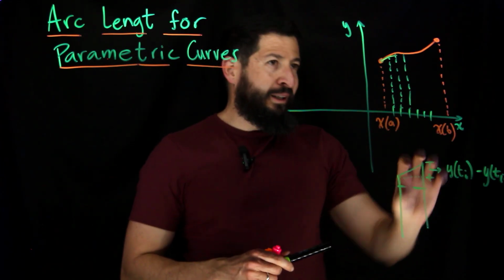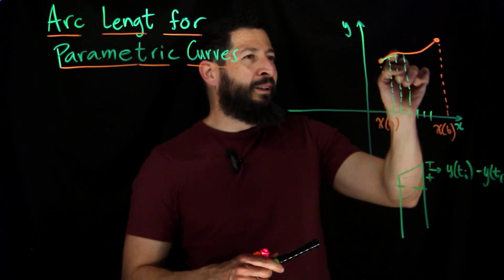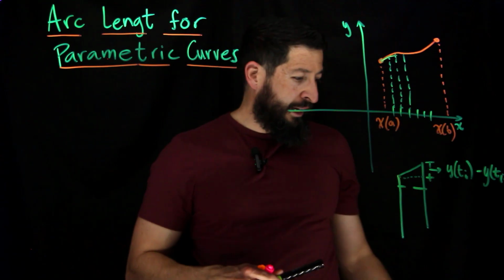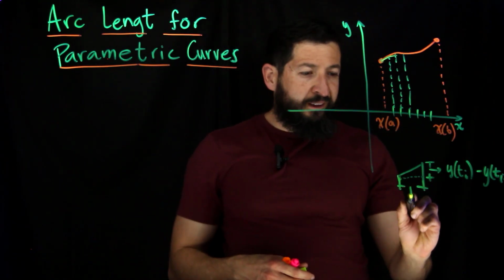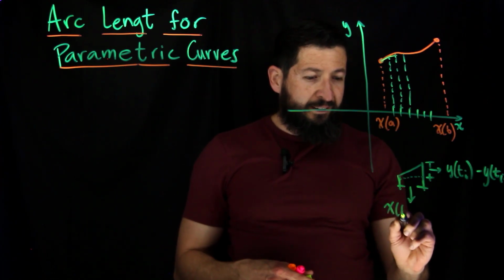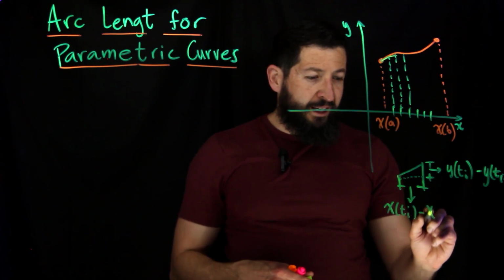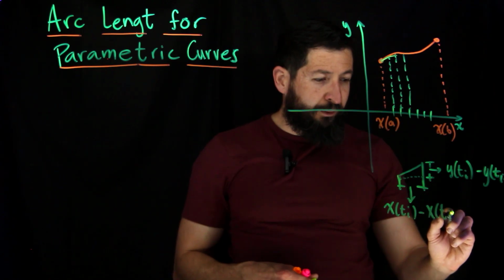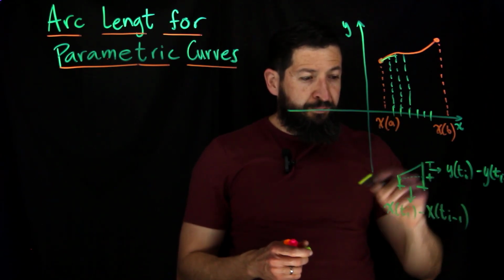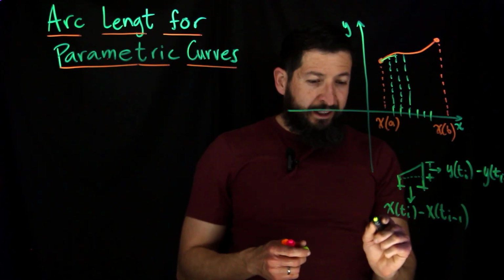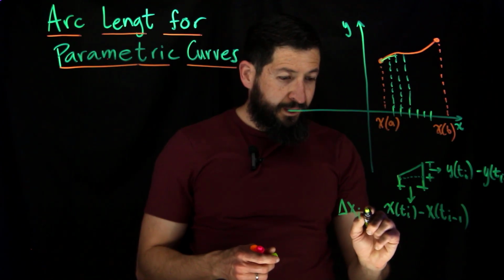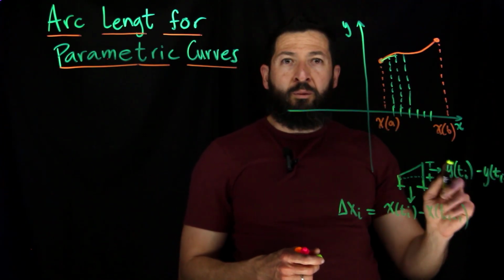Let me erase so we can have room to write. All right. So this distance right here would be just x at ti minus x at ti minus 1. So this length here we can call delta xi, and we can call this delta yi.